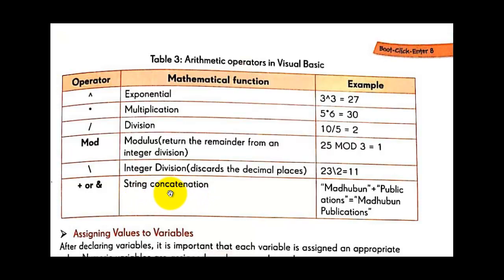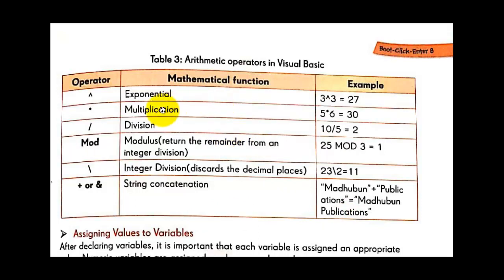To combine or join two strings, we use this ampersand or plus sign. Madhuban in double quotes, plus Publications in double quotes. So the plus symbol is given here, or you can write the ampersand also. Madhuban plus Publications will become one string, that is Madhuban Publications.